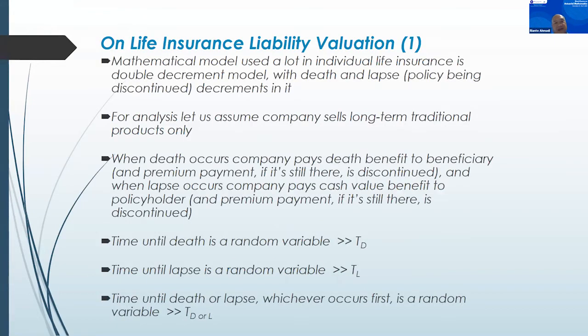A mathematical model which is used a lot in life insurance companies, especially to model individual policies, is the double decrement model. Of course, you can make it multiple decrement, with more than two, but usually for life insurance policies, a double decrement model is going to be enough, because what's important there is that we're able to model the death and the event of lapse.